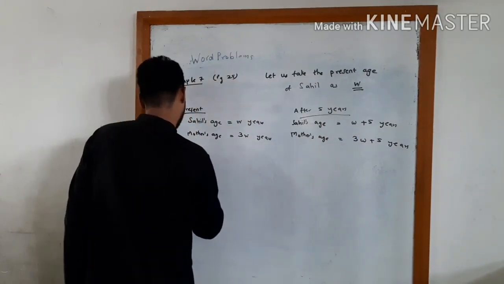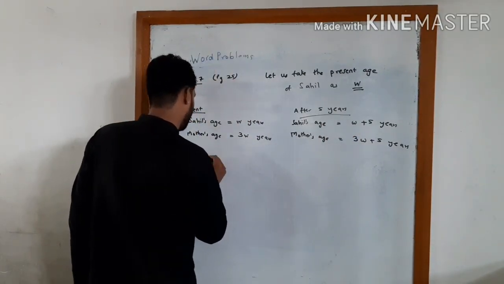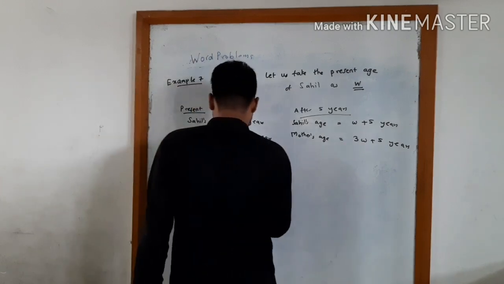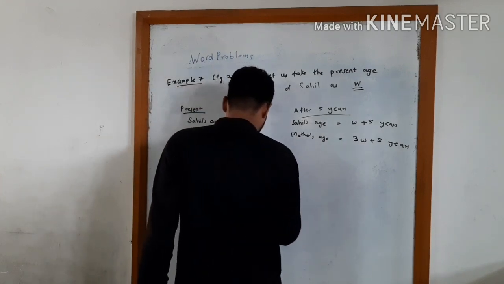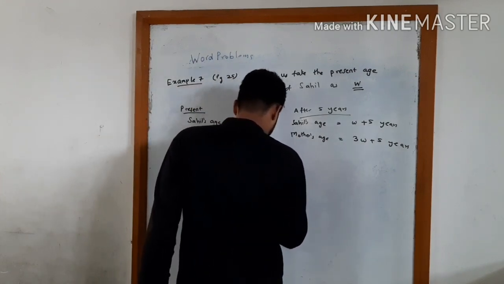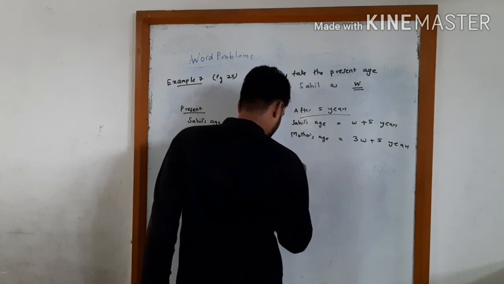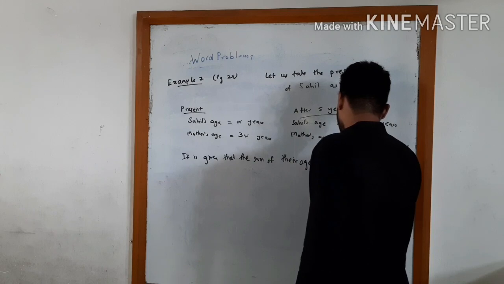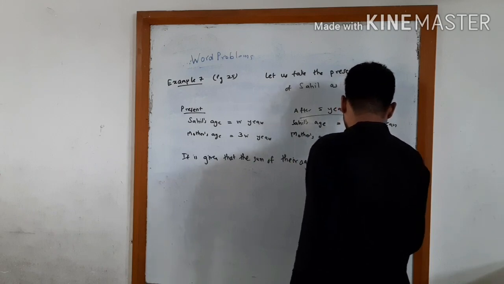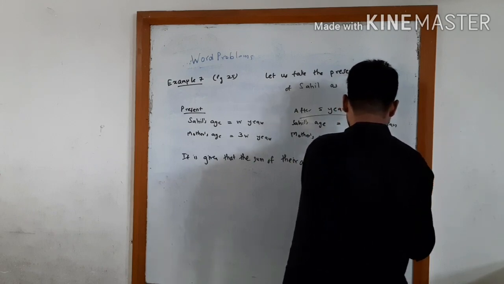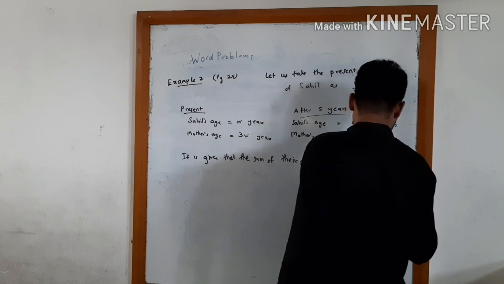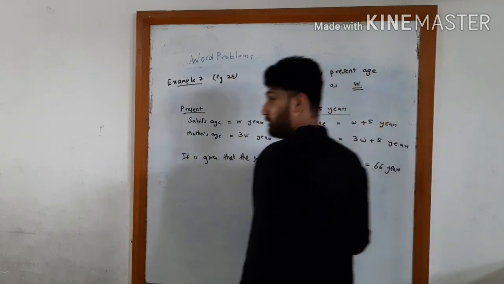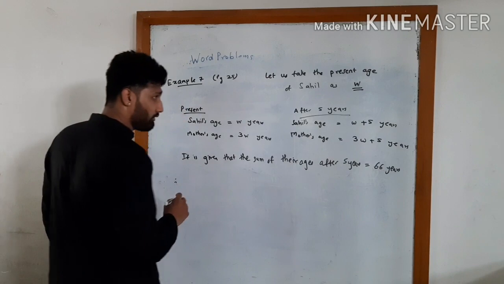So it is given that the sum of their ages after 5 years is 66 years. So therefore, what is the equation?